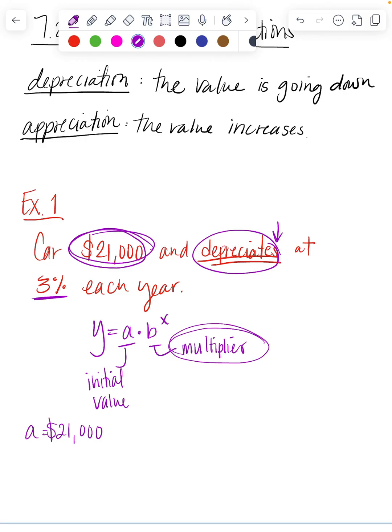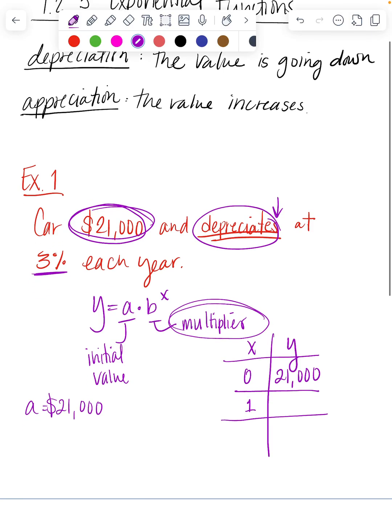That means every year that goes on, we take away 3% from our car. So we can do our table and start finding out what 3% less of 21,000 is.